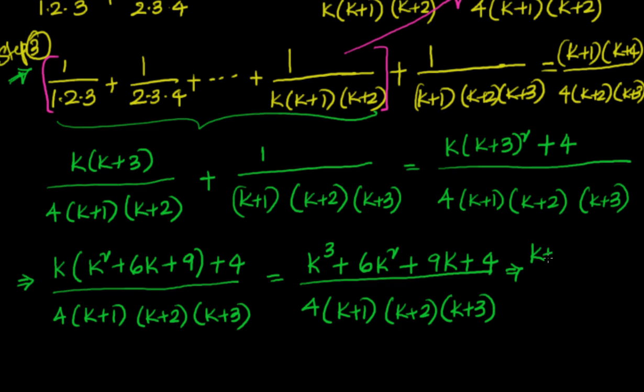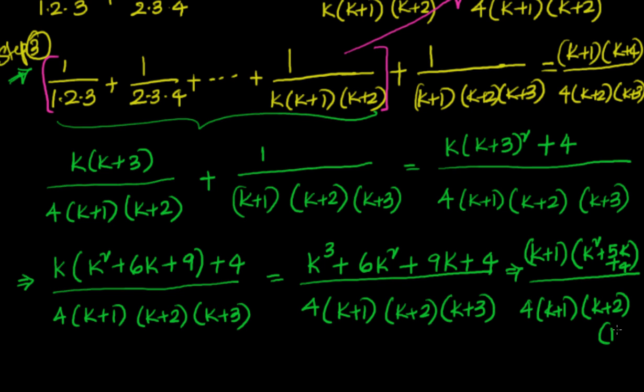I will show you again how I can do that. But I can write it as (k plus 1) into (k square plus 5k plus 4), divided by 4 into (k plus 1) into (k plus 2) into (k plus 3).